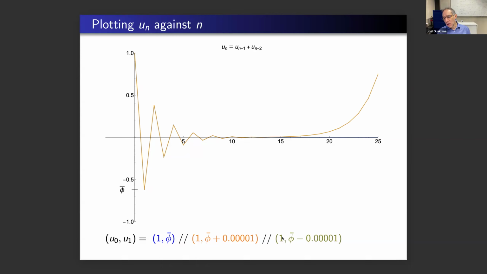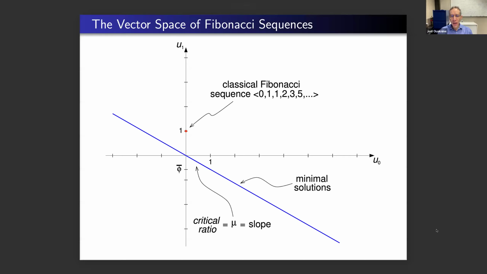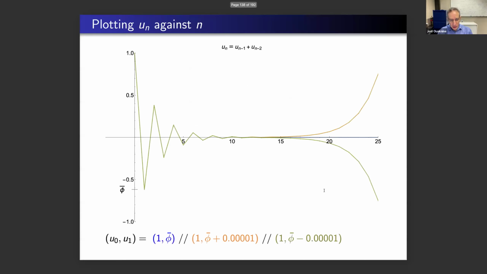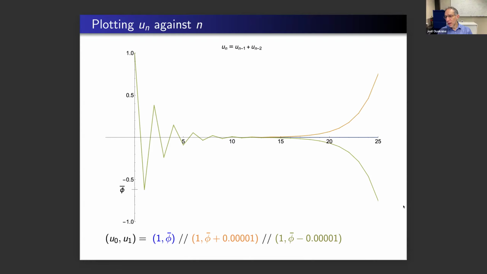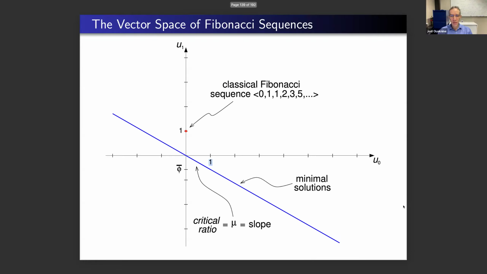And if I were to start at 1, comma something a little bit below phi bar, then as you can expect, the behavior will be so. Okay, and now if we go back, the critical ratio, this 1, phi bar, literally is this point here, and you can see as long as the ratio of the first two terms is phi bar, you will be lying on the minimal solution, and the sequence will be tending to 0.